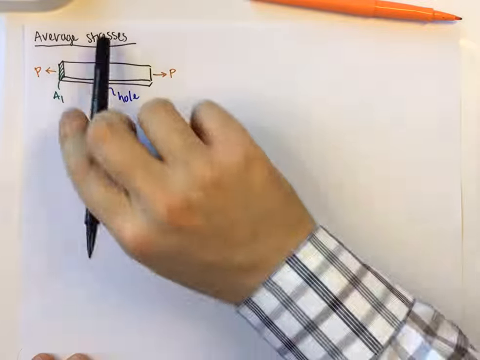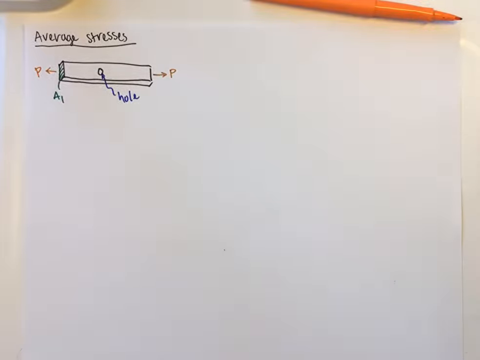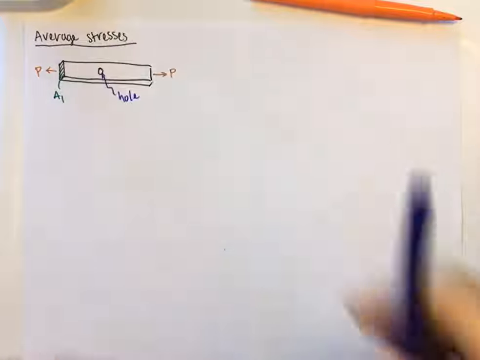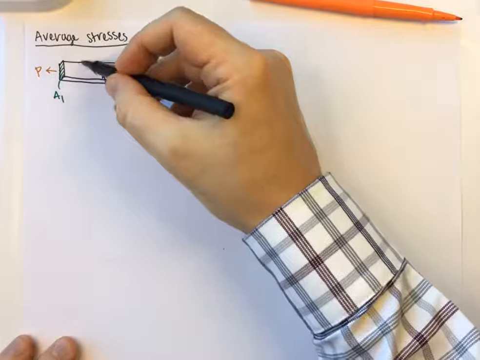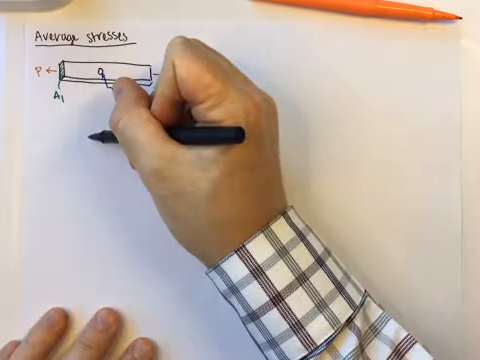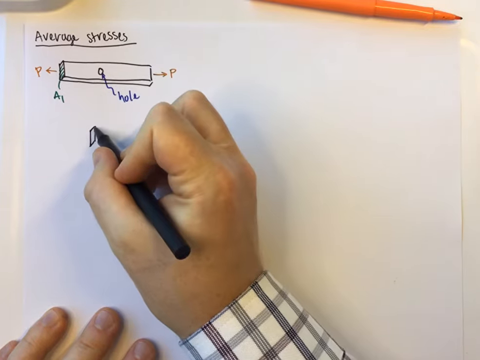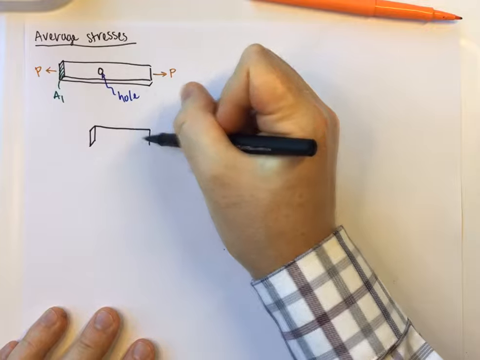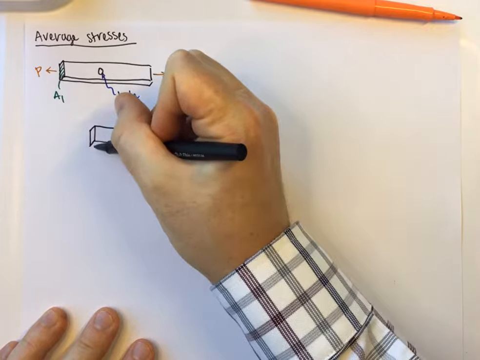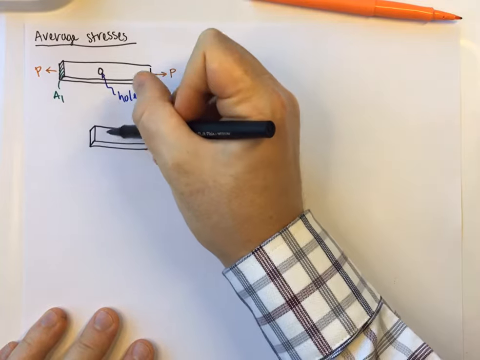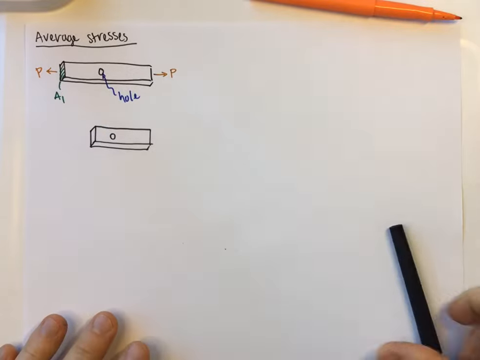If I wanted to know what the stress is at the end of that bar, you would say, okay, well, it's P over A1, all right? That would be the average stress. So now let's look what happens if we take a cut. So let's take a cut right here. I'll draw this stuff again. So we got this end, we got this end over here. We still have that right there. The hole is right about there.